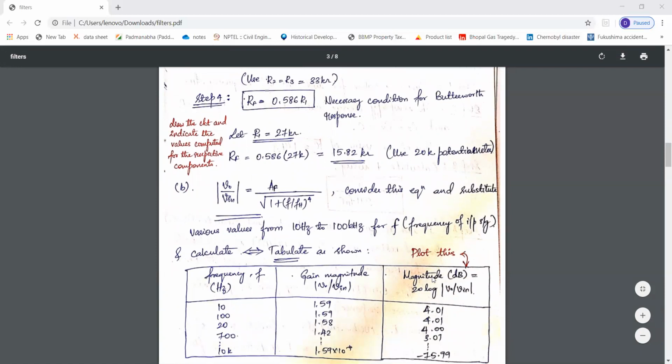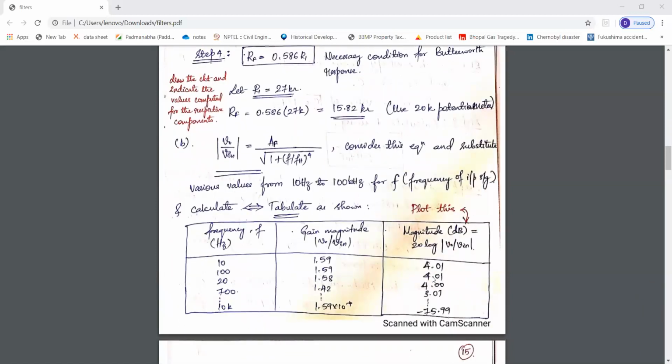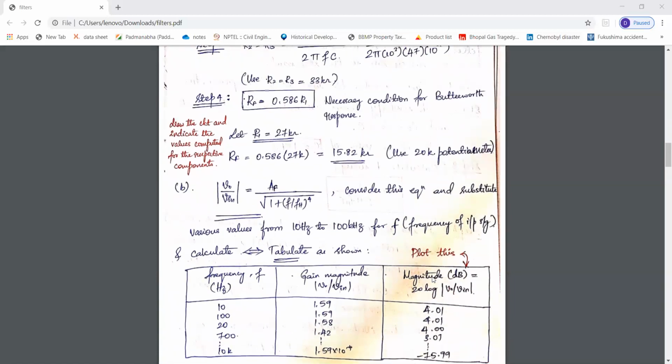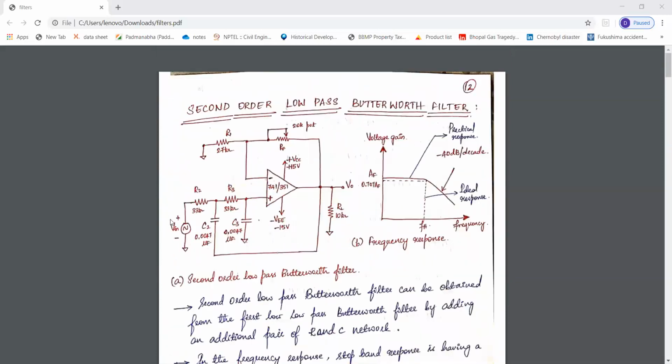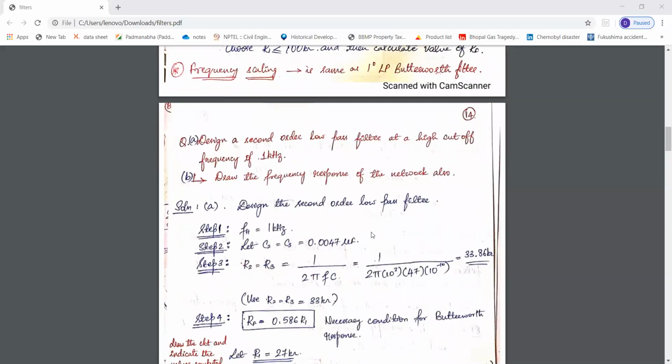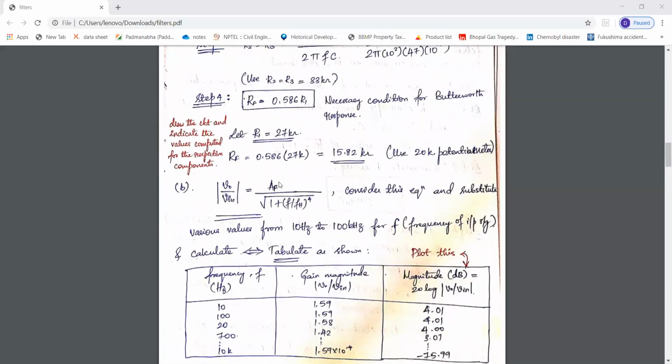AF will be equal to 1 plus RF by R1, since it is the non-inverting configuration. See here, we are giving the input signal to the non-inverting terminal. So here AF will be equal to 1 plus RF by R1.